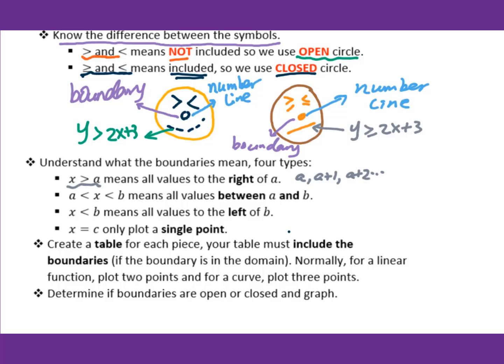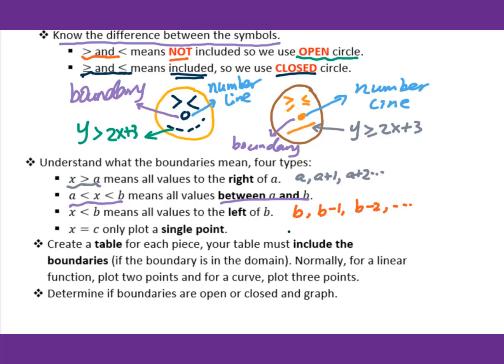X greater than a and less than b means all values between a and b. X less than b means all values to the left of b, so when you set up the table, you use b, b minus 1, b minus 2, and keep going.